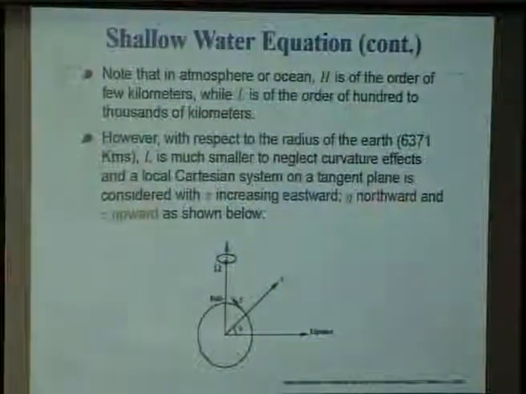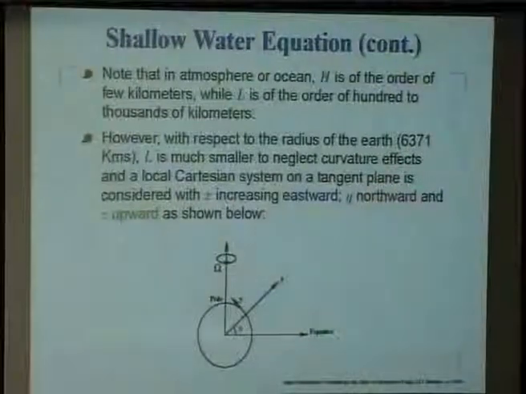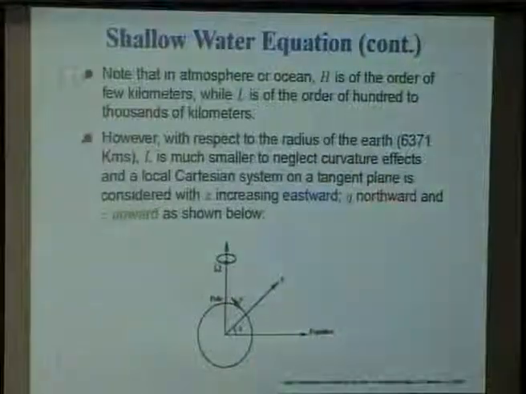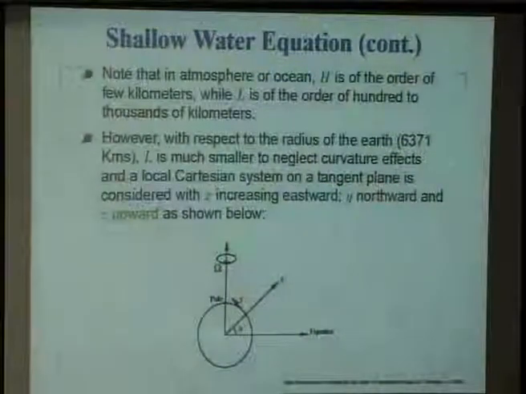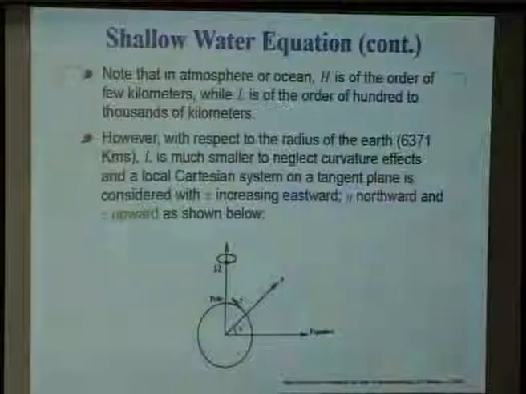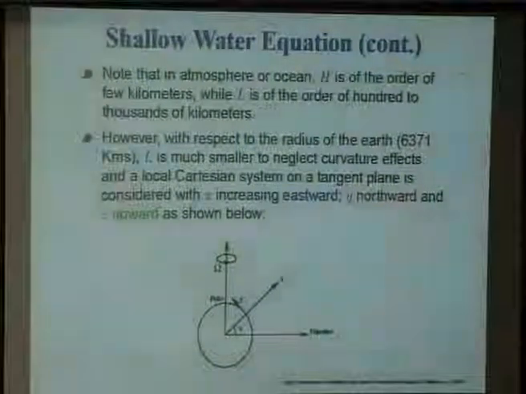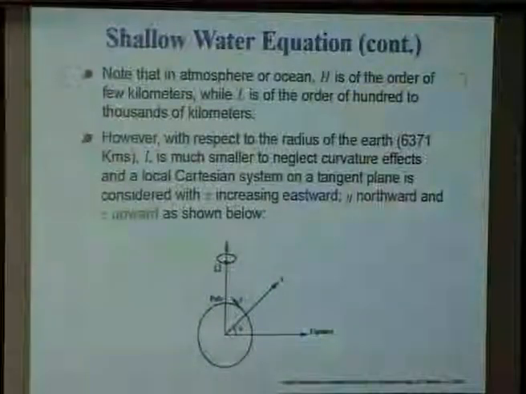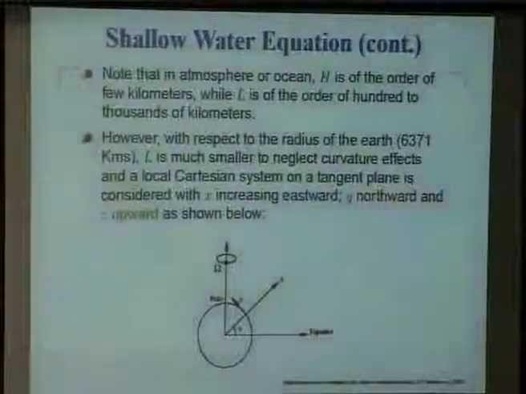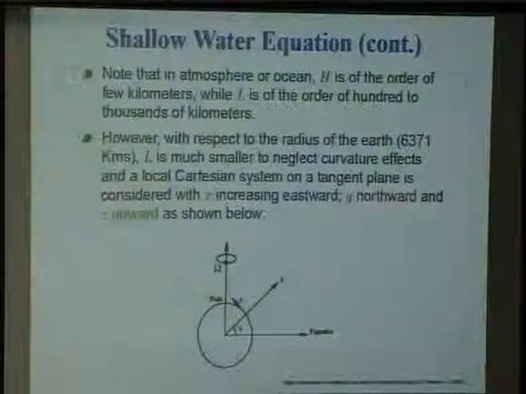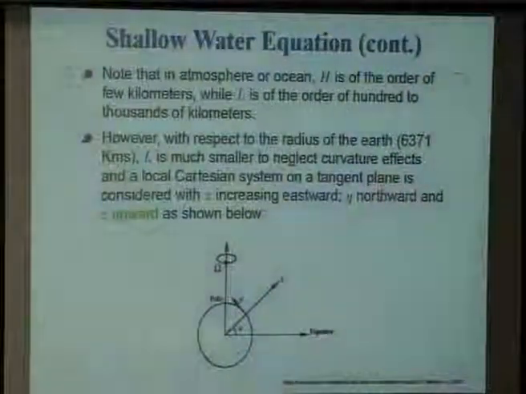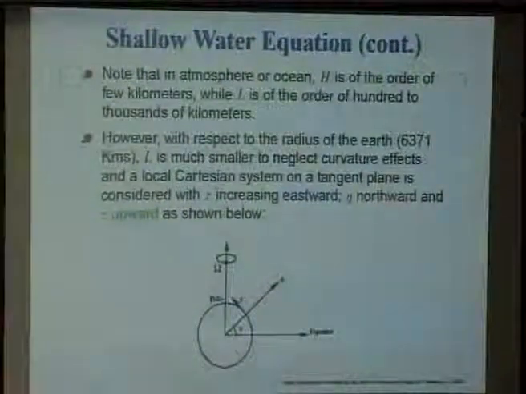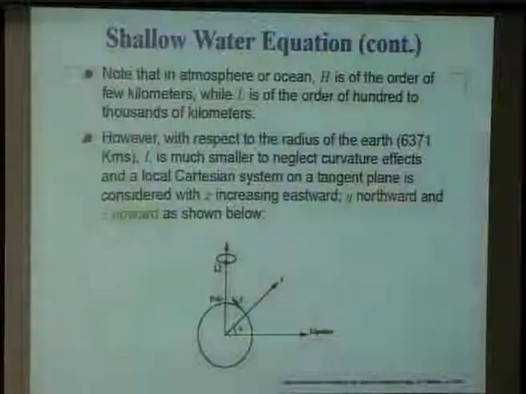So, you do not really need to go very far, although for aerospace applications we do consider the atmosphere to be a little deeper than that because of re-entry problems.